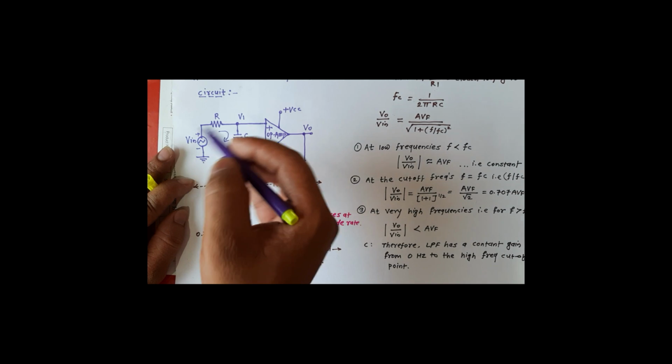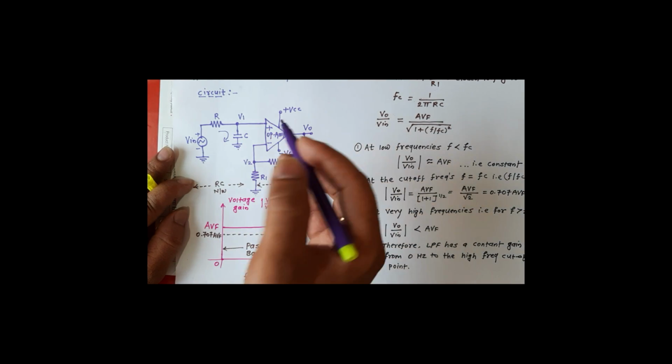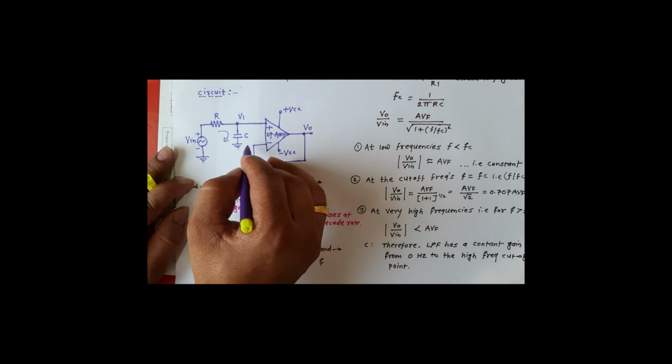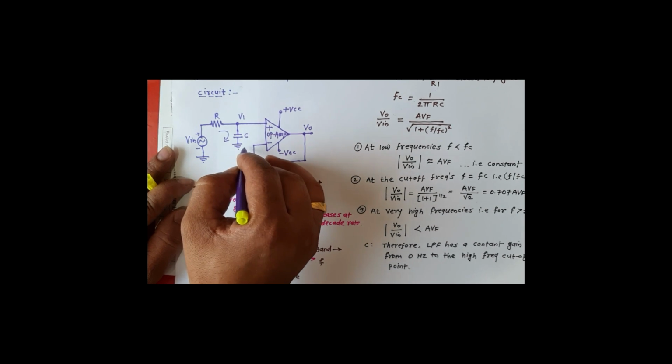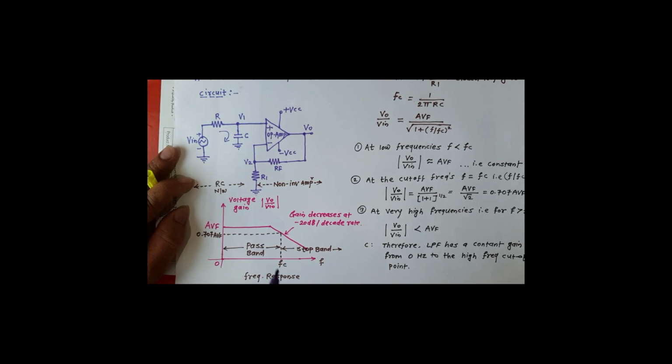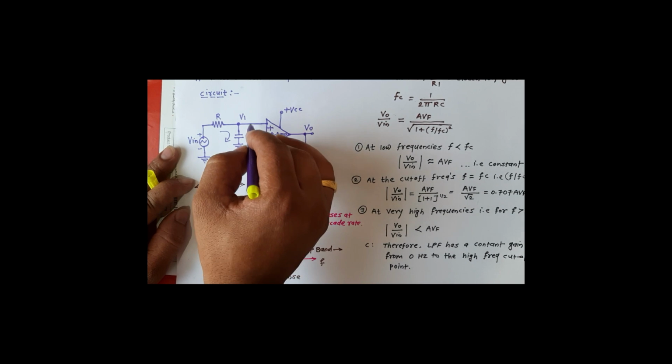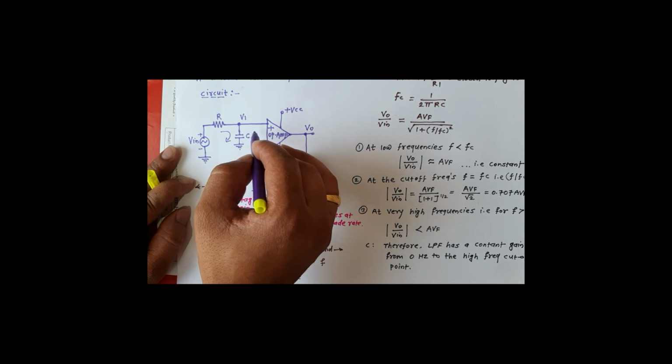For the next half cycle, when it is negative, the capacitor will discharge. The output voltage across this capacitor C is V0.